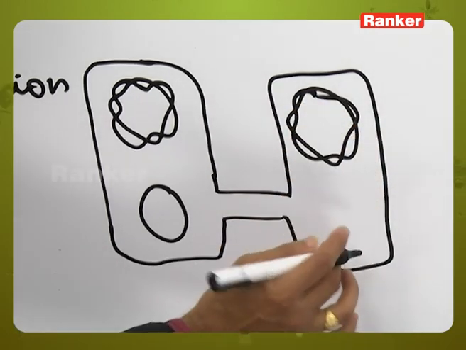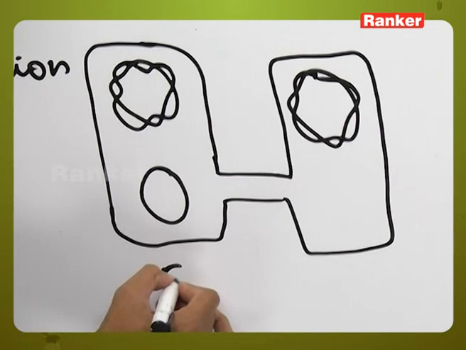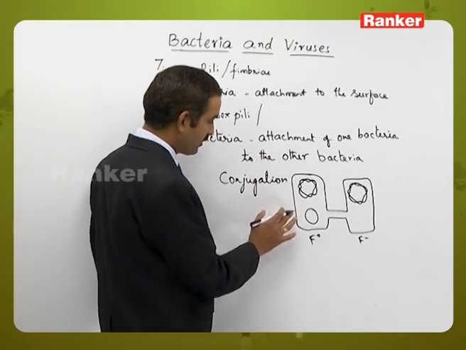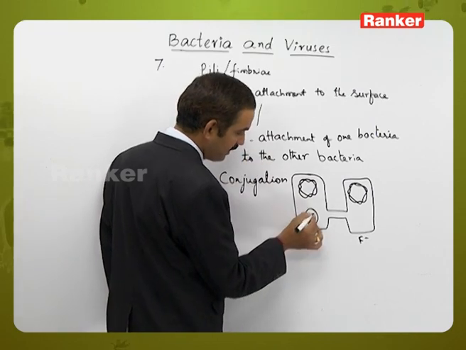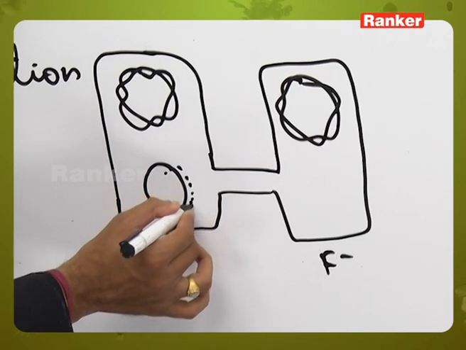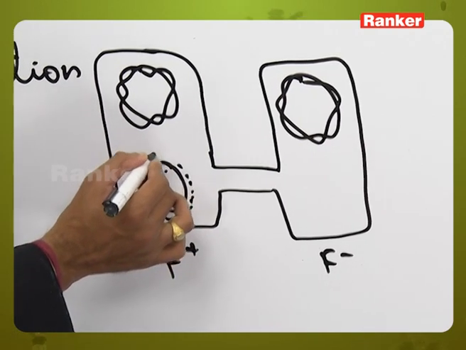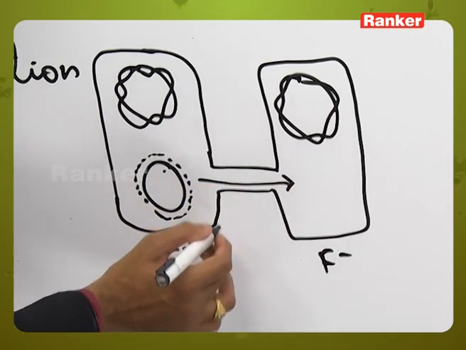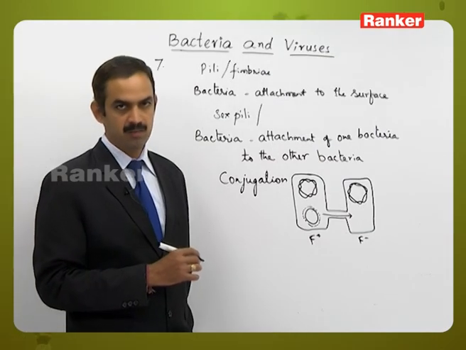This is the F plus bacterium, and this is the F minus bacterium. During the conjugation process, the plasmid undergoes replication, forming one more copy of the plasmid, and this plasmid is transferred from the F plus bacterium to the F minus bacterium.